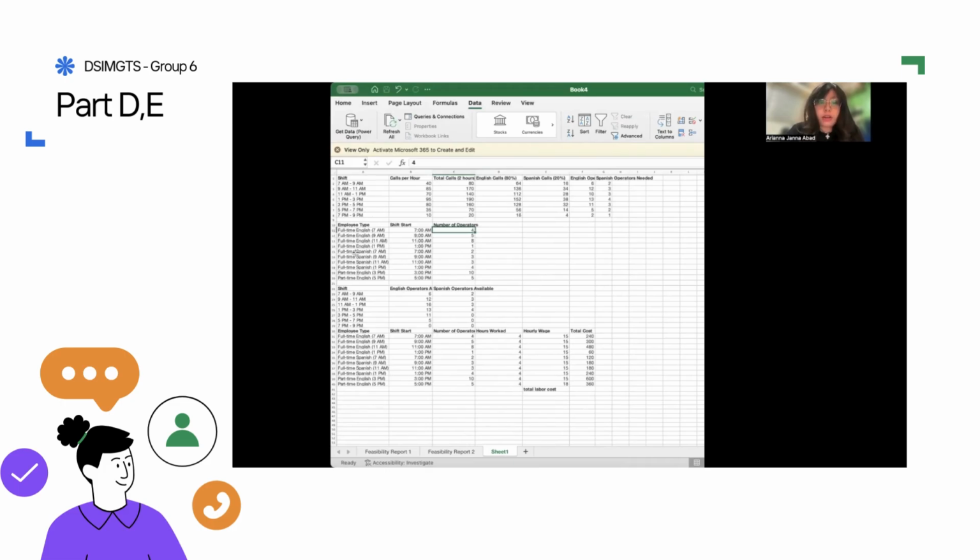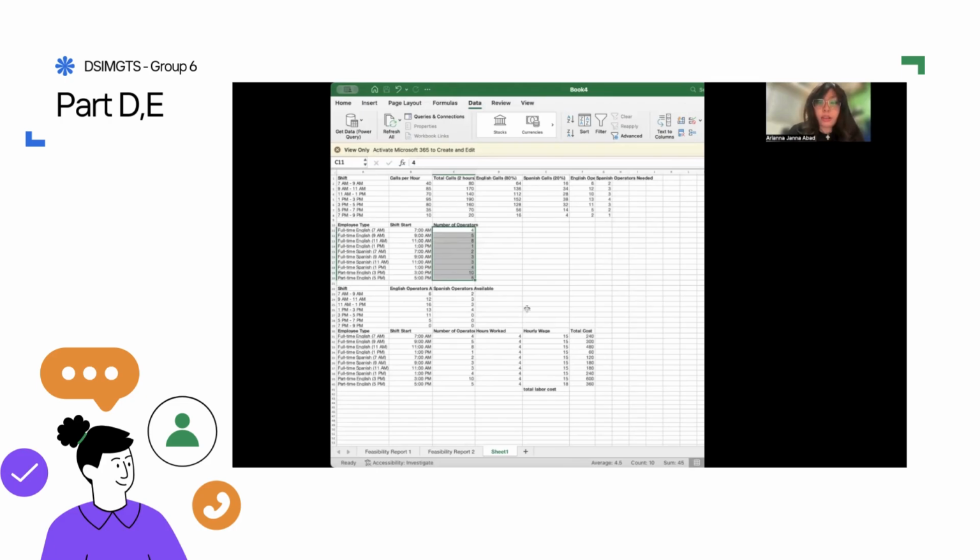The decision variables such as the number of full-time English, full-time Spanish, and part-time operators for each shift are set up in cells C11 to C20 as seen on the screen, and these cells are left blank initially as solver will determine the optimal values for this.